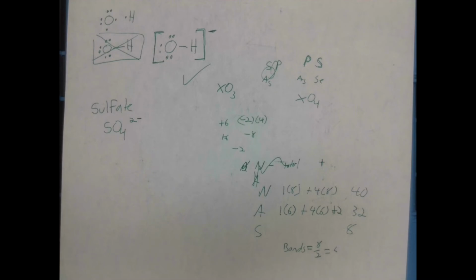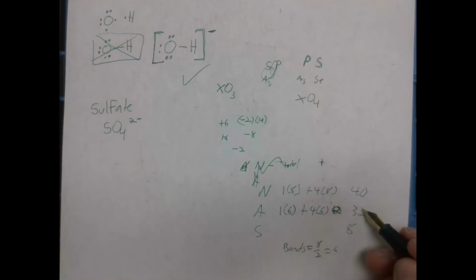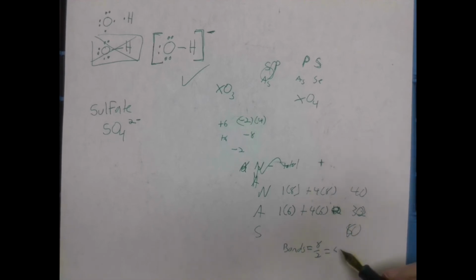Oh no, I did that wrong. You should end up with 6 bonds. So if I remove the 2 here, that's 30, that's 10, and that tells me I have 5 bonds.